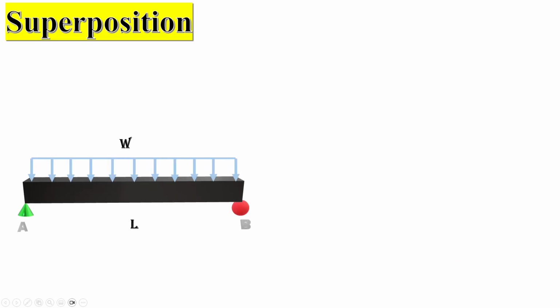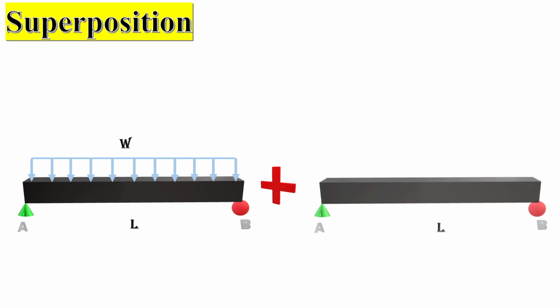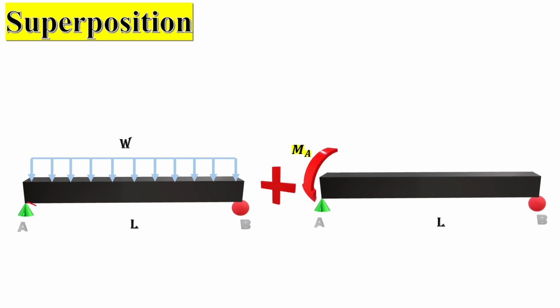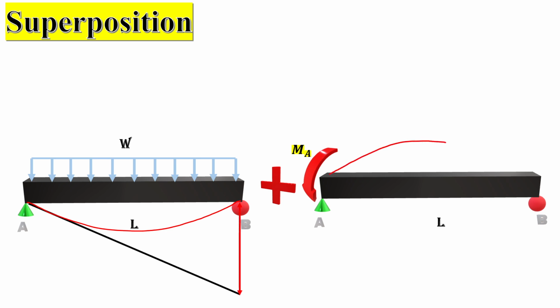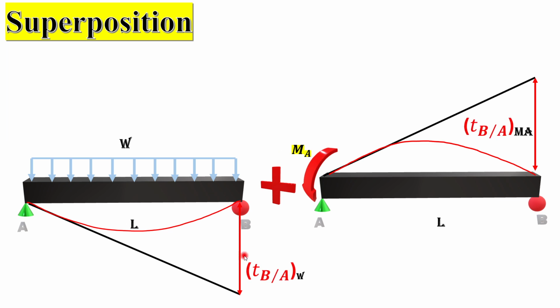And by applying the superposition, the tangential deviation of these two parts together is the tangential deviation of the total beam, which we know, because B has a pin there, there is no upward or downward motion. So we know that the tangential deviation of B with respect to A is equal to 0.